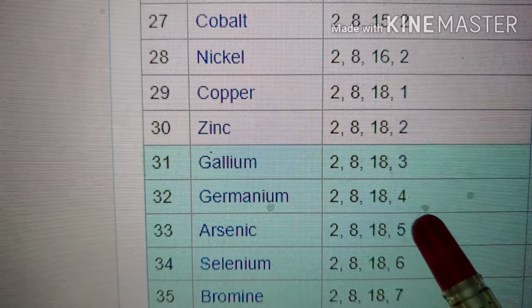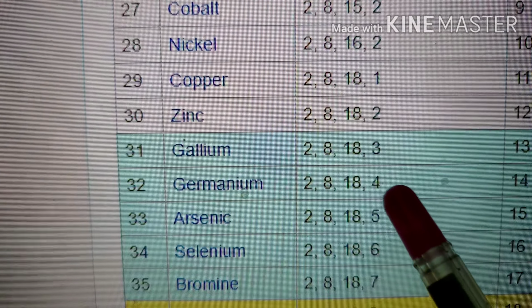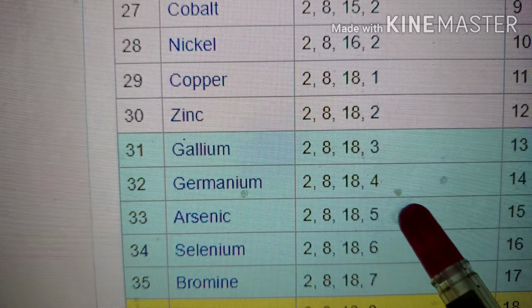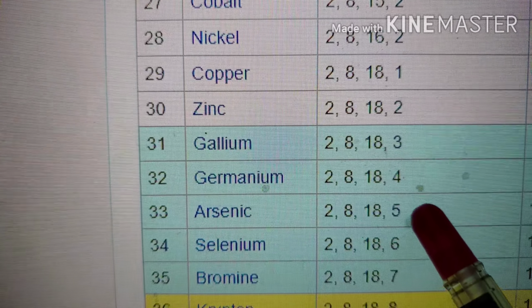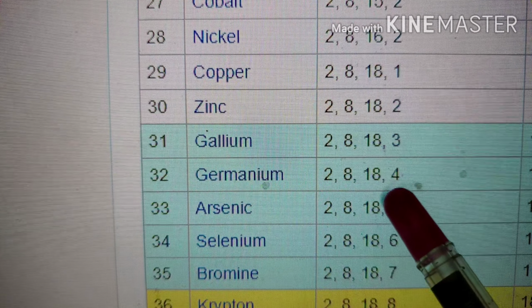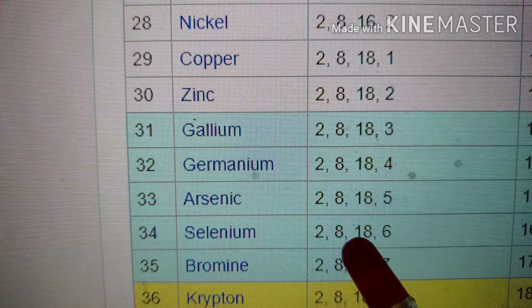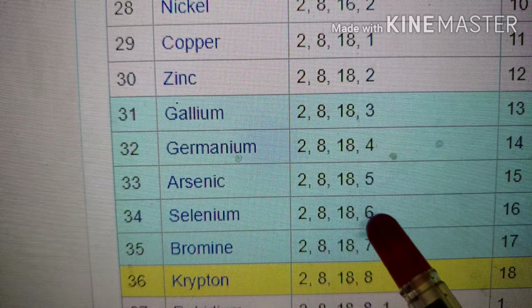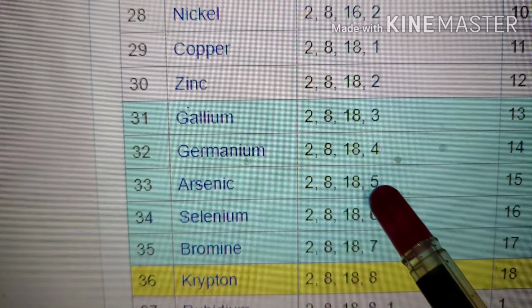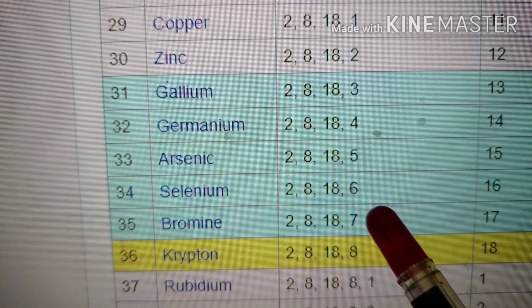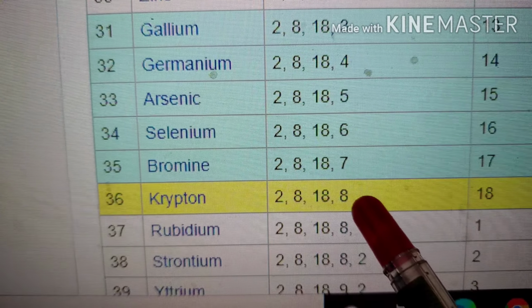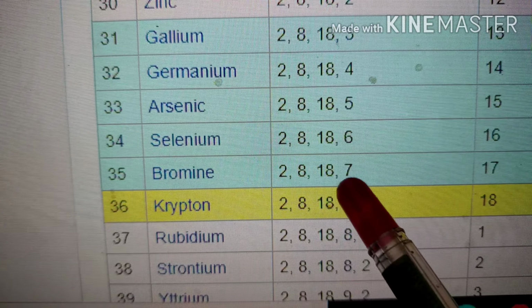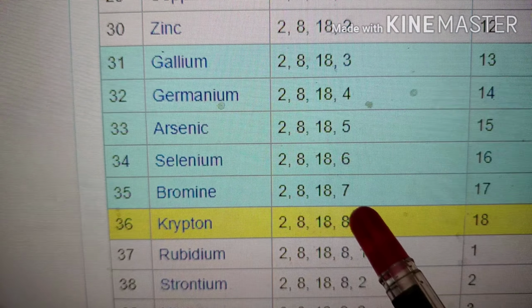So if 5 electrons are transferred there, it can easily accept 3 electrons to get 8 electrons in its outermost shell. In case of this one, it can accept 2 electrons, and this one can accept 1 electron. Here you see krypton, the noble gas, it is having 8 electrons in its outermost shell.